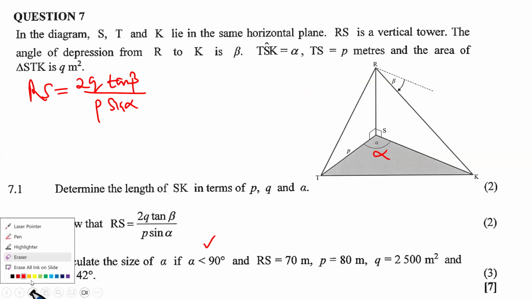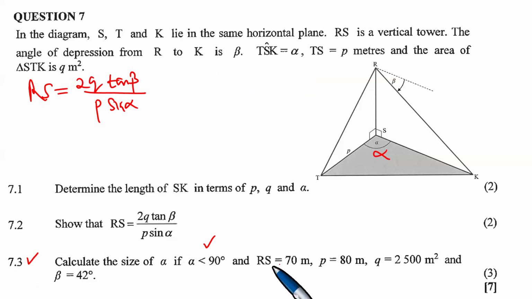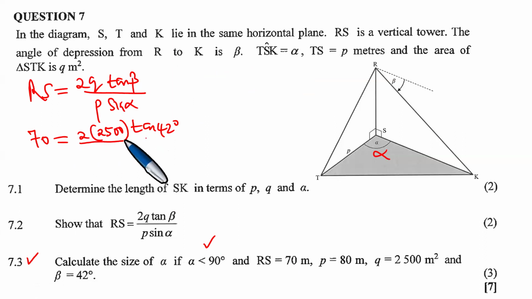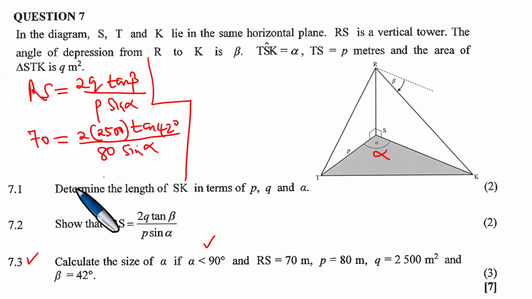What is RS? RS is 70. You're going to put 70 equals Q is 2,500, the tangent of 42 degrees, P, 80, the sine of alpha.